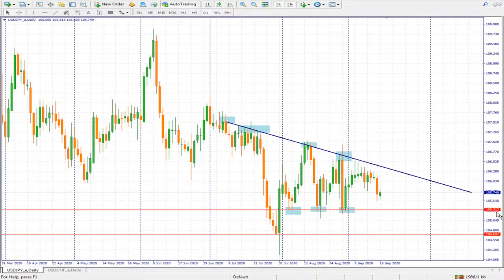So the price needs to continue down, break below this line, then continue downwards up to 104.697. I hope that makes sense. We do expect it to continue lower up to this level, 104.697. If it goes below this level, then expect it to continue even much lower.